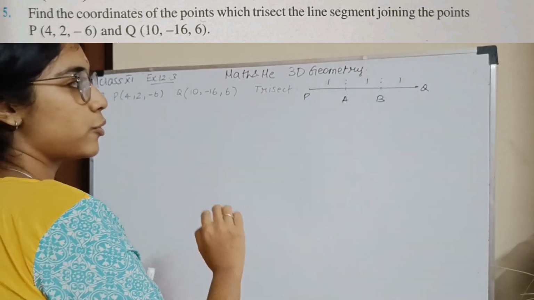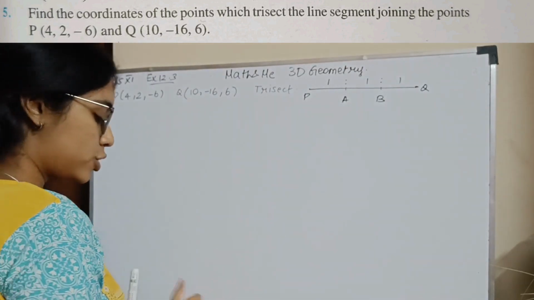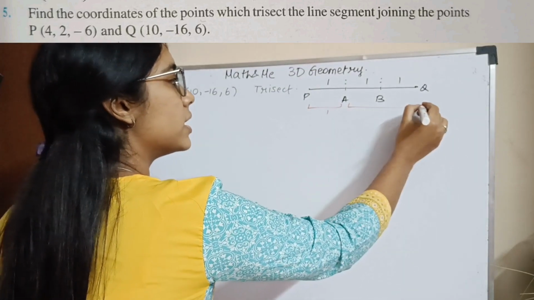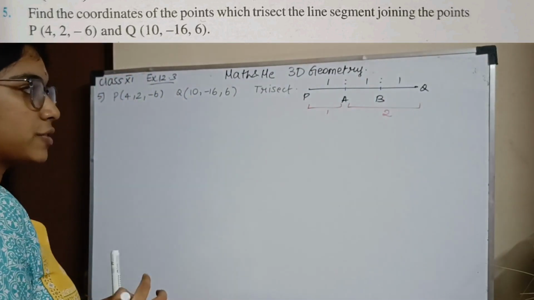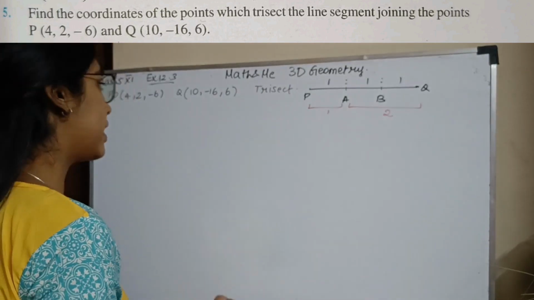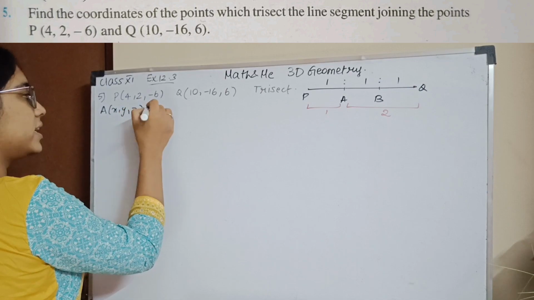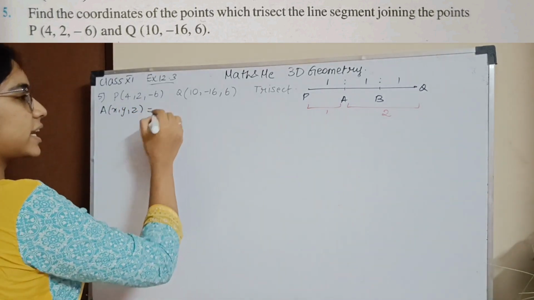Okay, so first I'm going to find the point A, which means it divides PQ in the ratio 1:2. Correct? So first I'm going to find the coordinates of A, which is x, y and z, in the ratio 1:2.